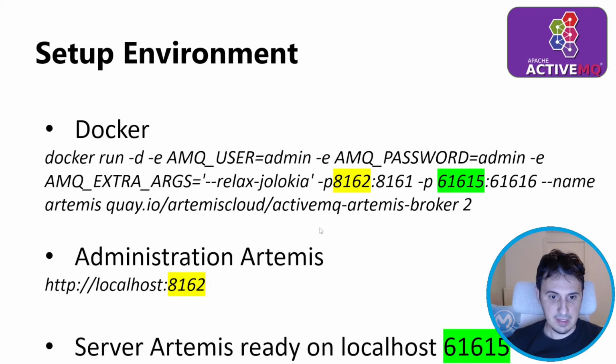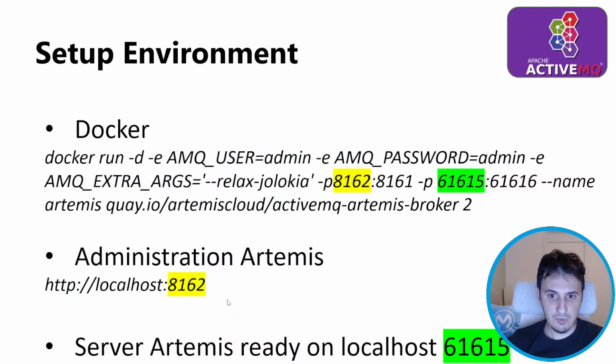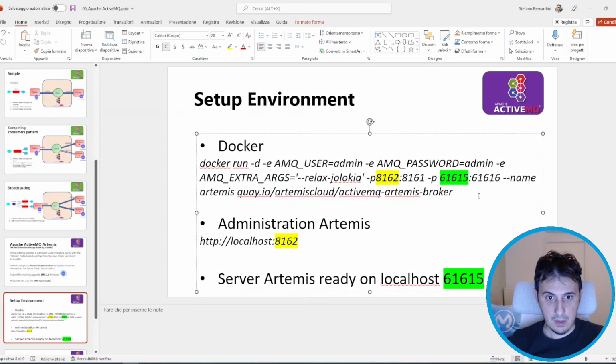Then we will find the administration on localhost 8162 and the Artemis server on 61615. Then we will configure the connector with these two configurations.